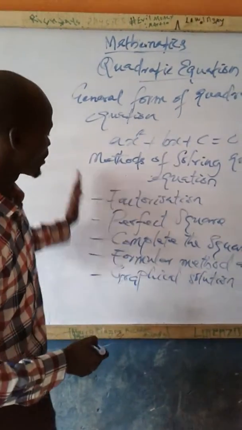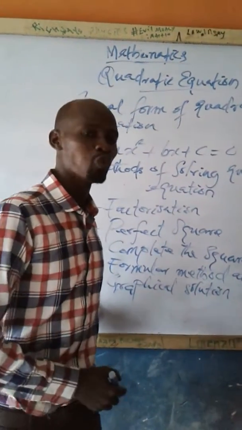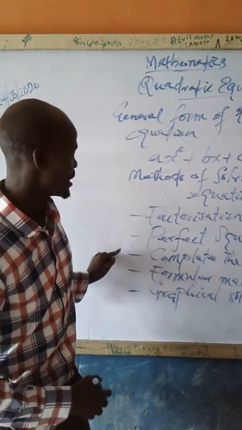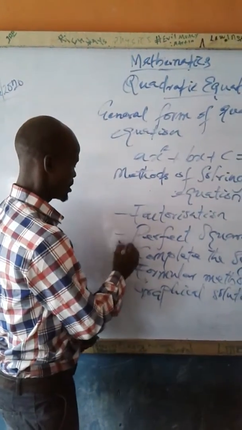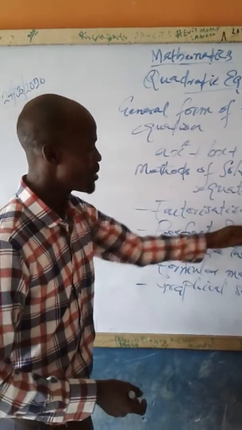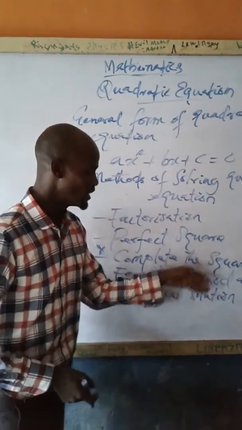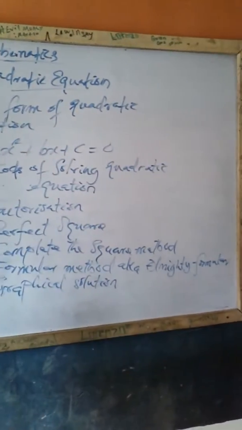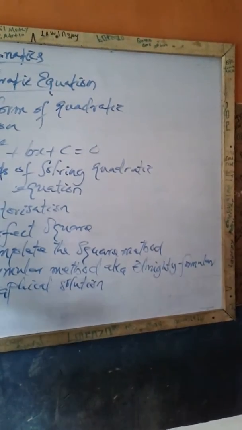Out of these 5 ways, there is one we are going to talk about, and which is the third one, completing the square method. Completing the square method will lead us to the formula method, which is normally known as the almighty formula.